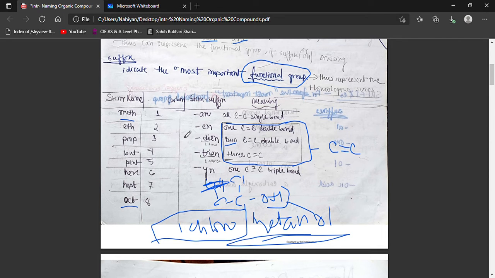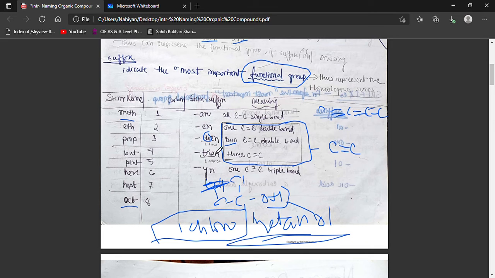For instance, you had butane, so you had 1 2 3 4 carbons. But rather than having 1 double bond, what if you had 2 double bonds? So di means 2, and ene is ene. Similarly, if you had three double bonds, you could write triene.